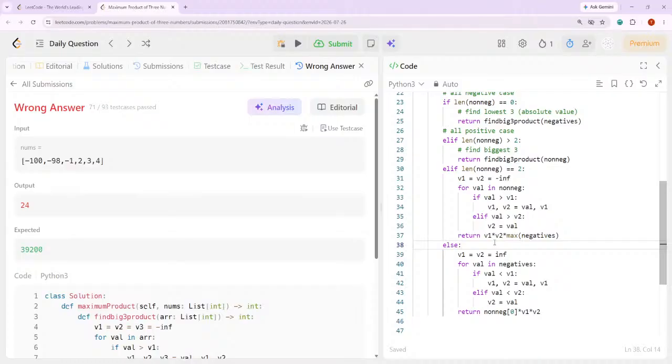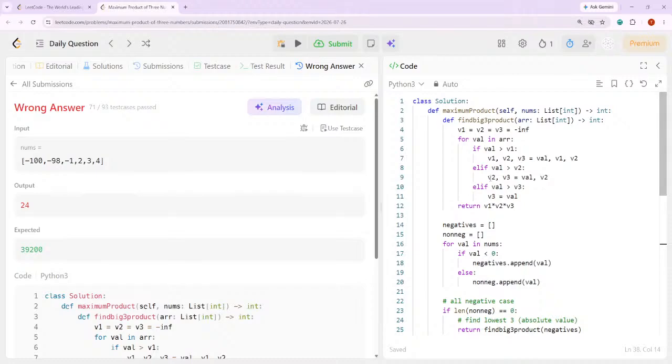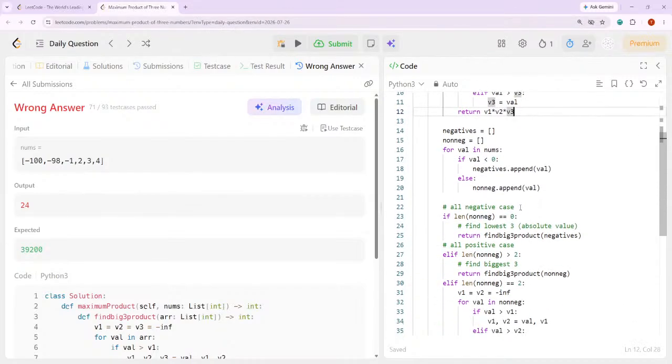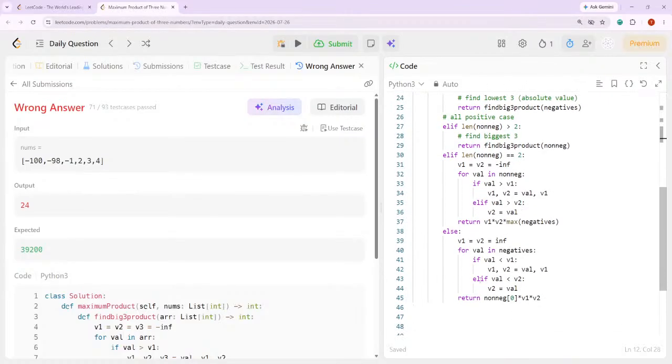So I actually do need to make this into a helper function. I think this case where it's one positive and two negatives. So I guess this should be, can I make this into a general case?